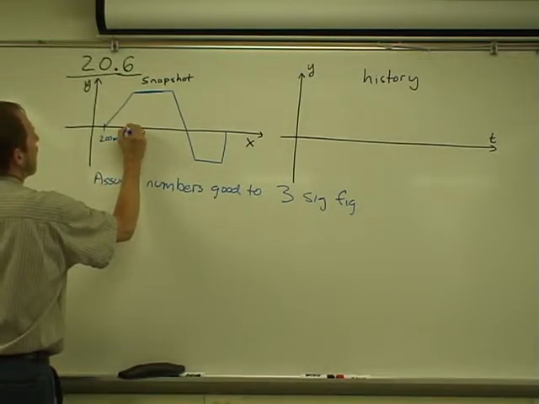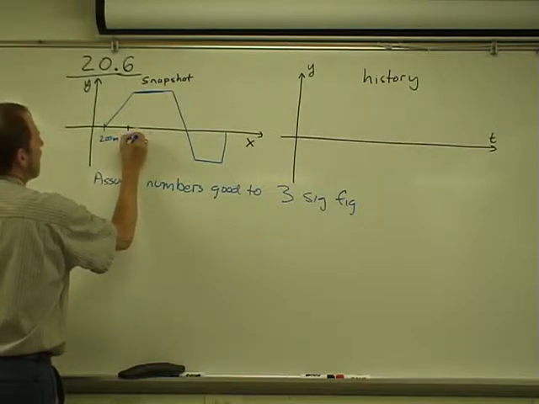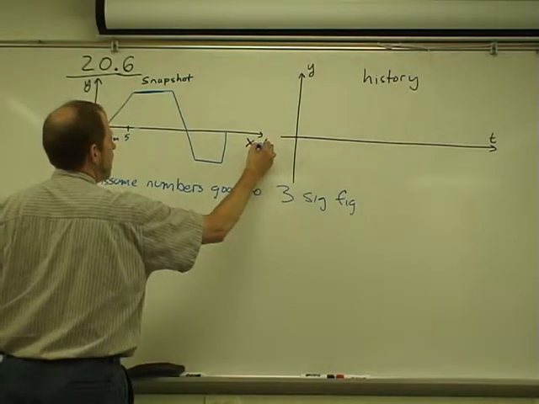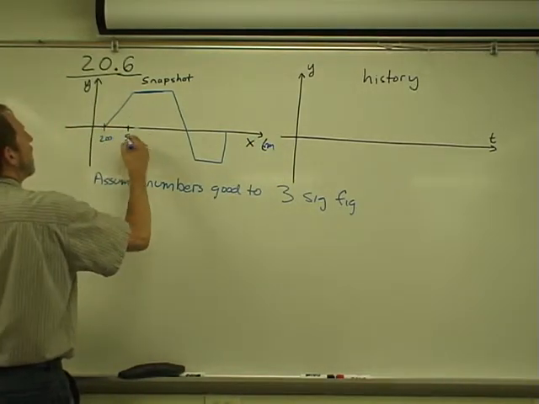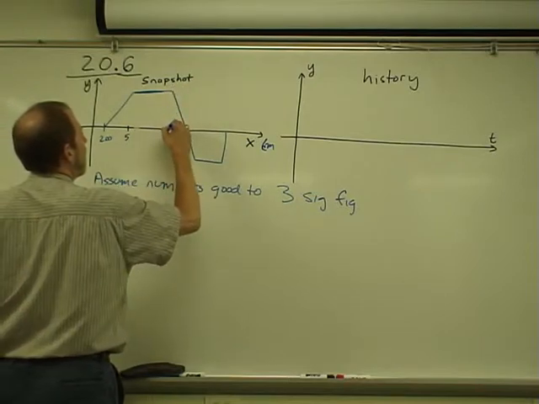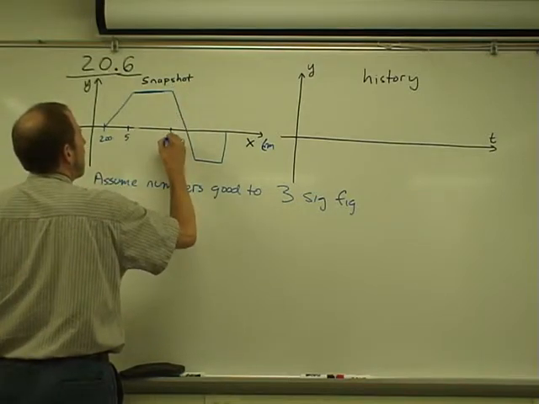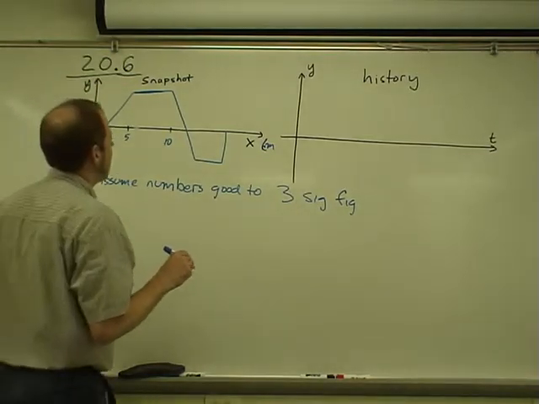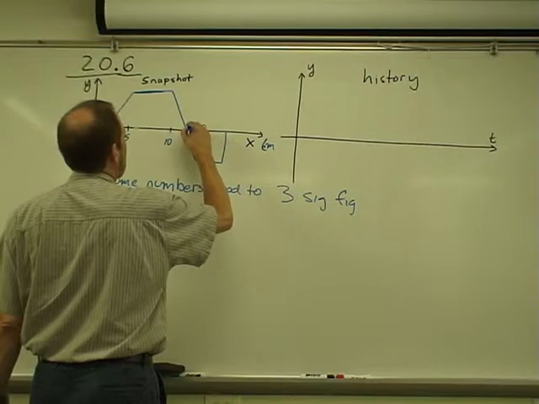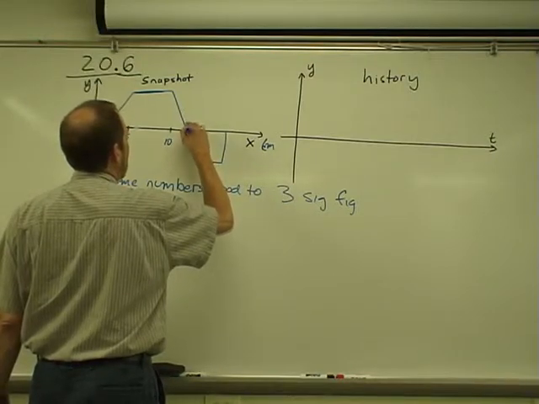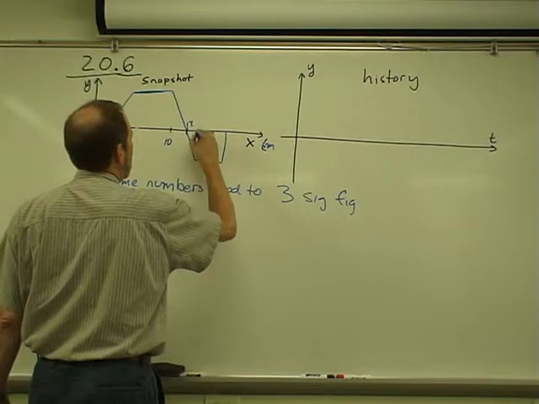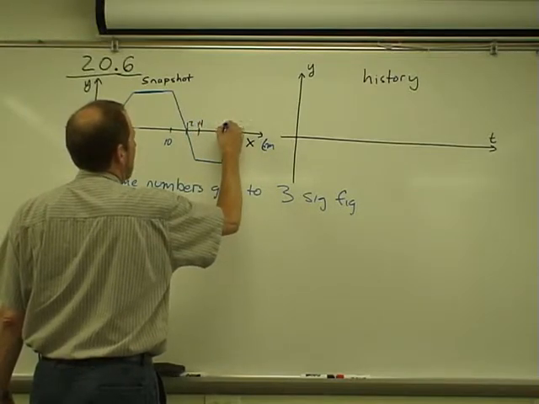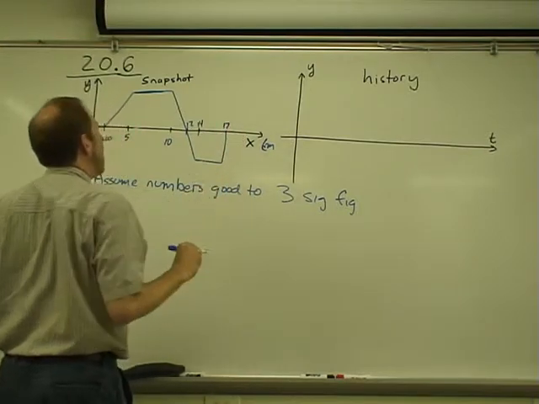Let's say this is 2 meters. Let's call that 5 x in centimeters. There is 10 centimeters, 12 centimeters, 14 centimeters, 17 centimeters.